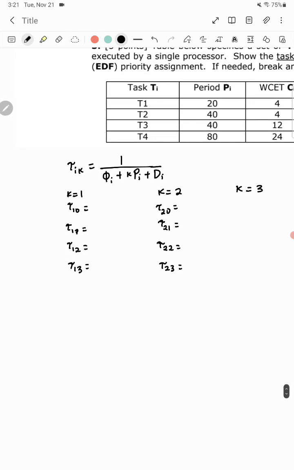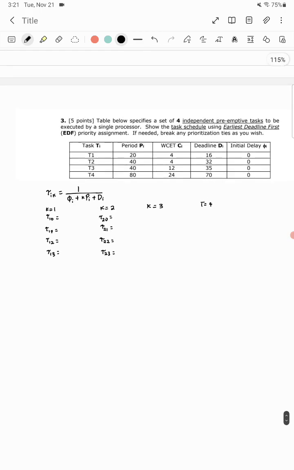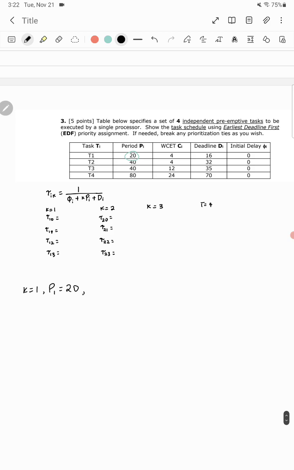For the first one, you could do this calculation in your head or on a scrap paper beside you. So for the first one, you have k equal to 1, and p1 is equal to 20, looking at the task here. Your d1 is equal to 16 over here.